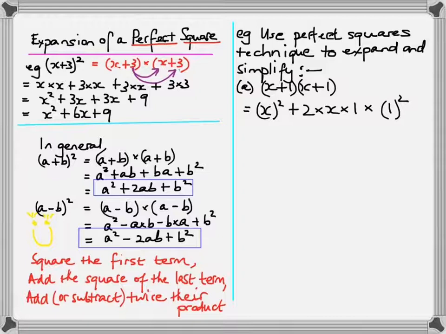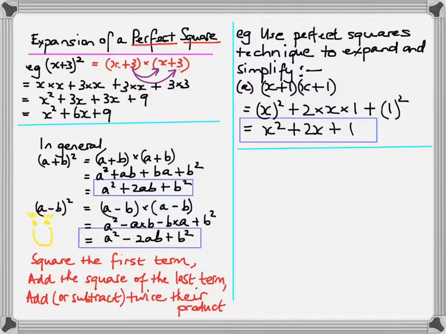Oh, that should be a plus. Sorry about that little times there, that's a little bit wrong. So I'm just going to rub that out and make it into a plus, okay? Okay, I've fixed it. Alright, that's right now. So let's keep going. That's x squared plus 2x plus 1. And there we have it, okay? There's the end result of expanding that perfect square.